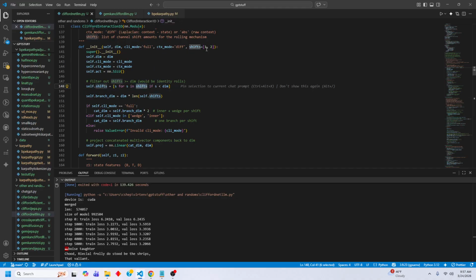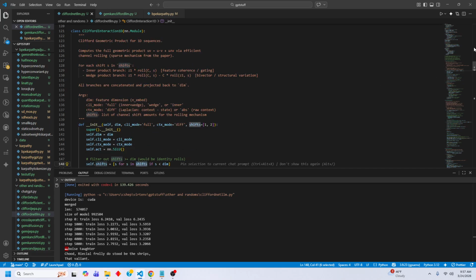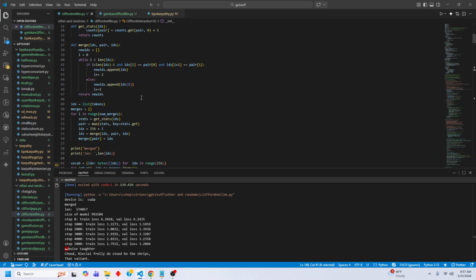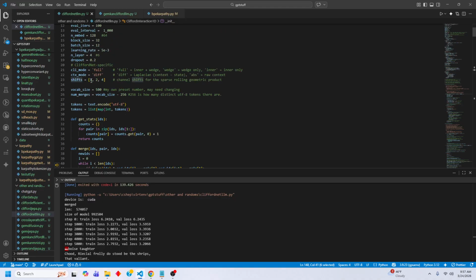The default is one, but there's an option to shift by 1, 2, and 4.